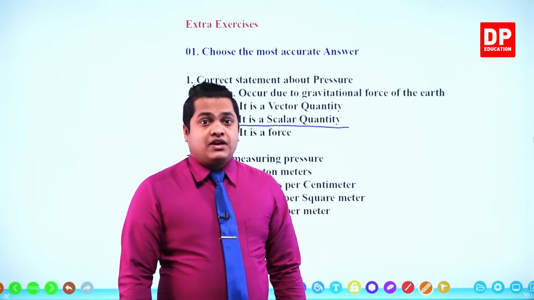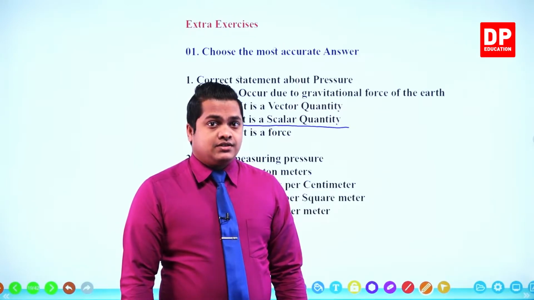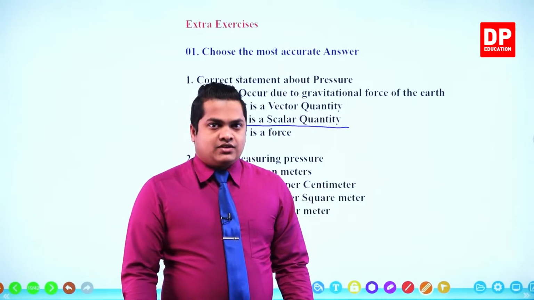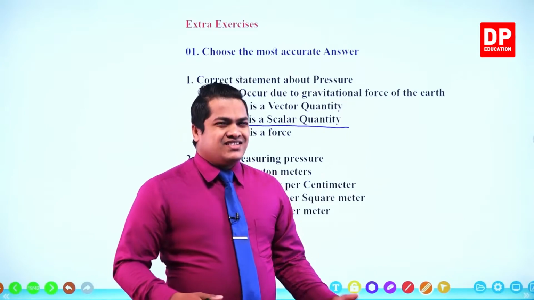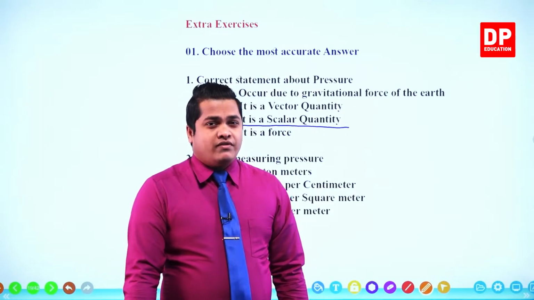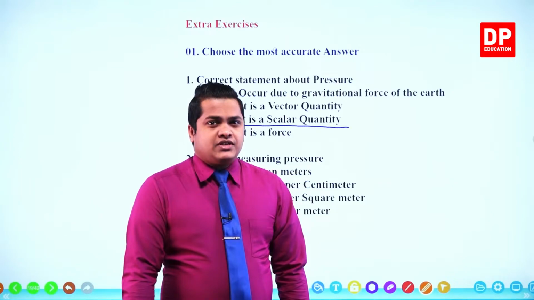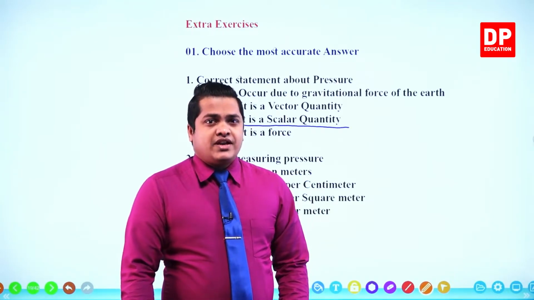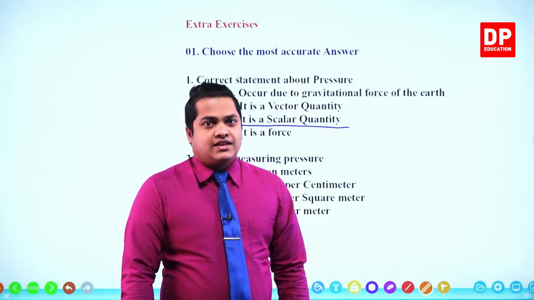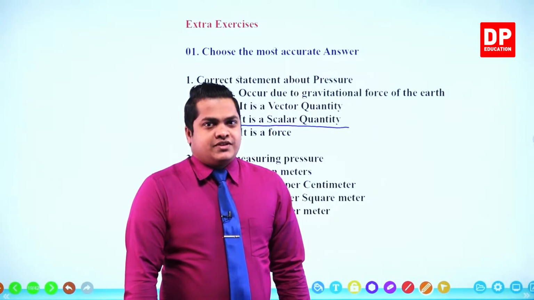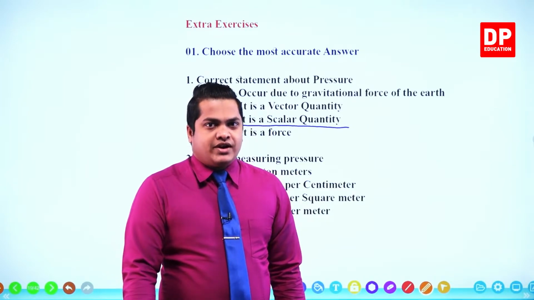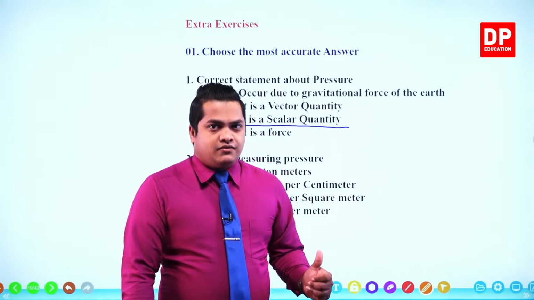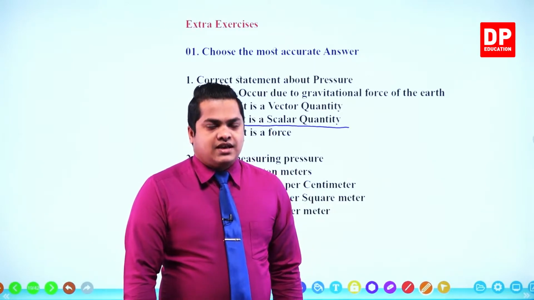There can be several answers where, if you have gone through the lesson quite well, you might see a certain kind of relationship, but according to the question, that answer might not be probable. So it's important to choose the most accurate answer from the 4 answers given. So the most accurate answer for the first question is, it is a scalar quantity.